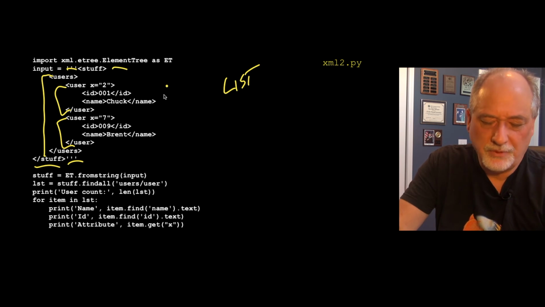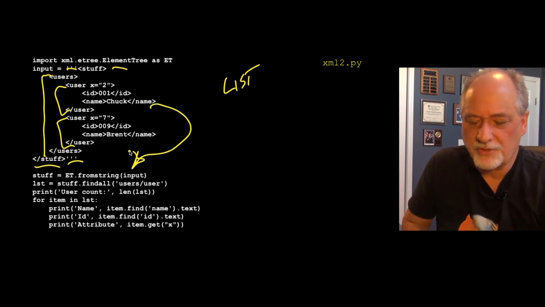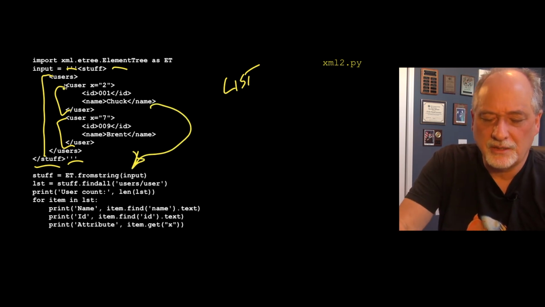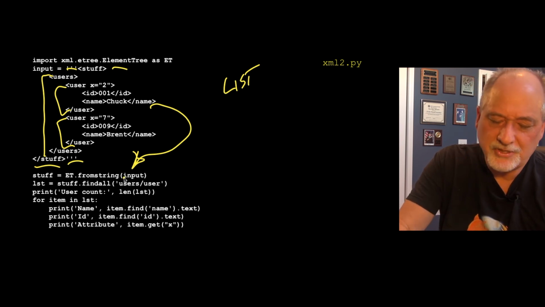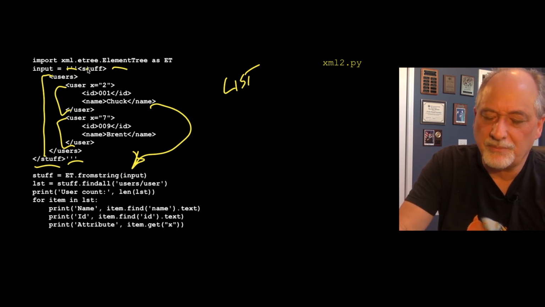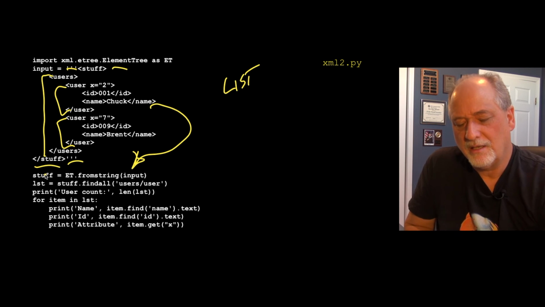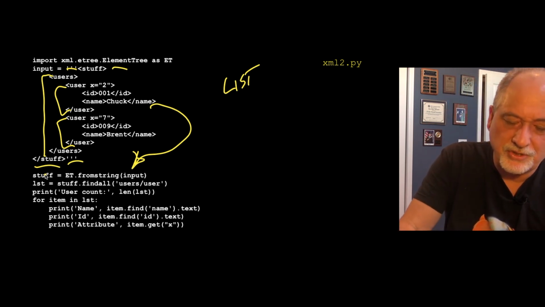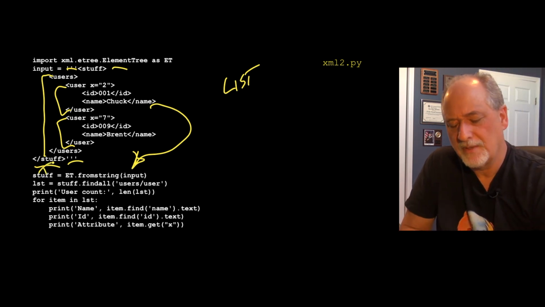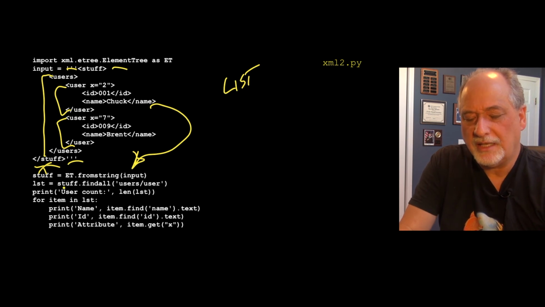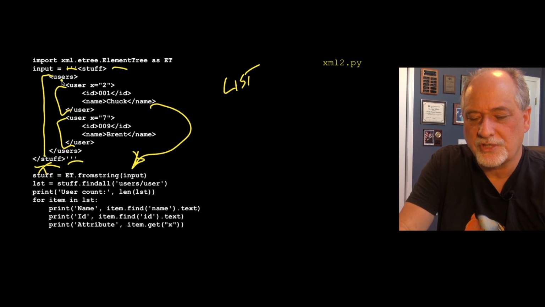And again, we take this, we pass that into fromstring and get back an object that represents the stuff. The name does not necessarily have to be the same as this outer tag. It's just a variable. This could just as easily be x if I wanted. And so now what I'm going to say is, hey stuff, I want to find the path users/user.